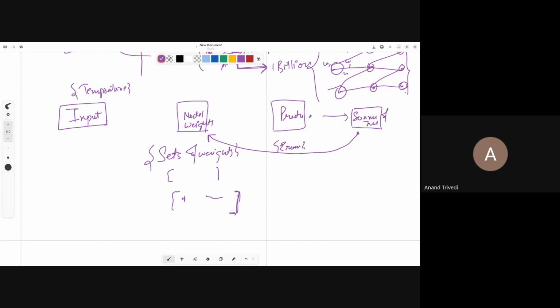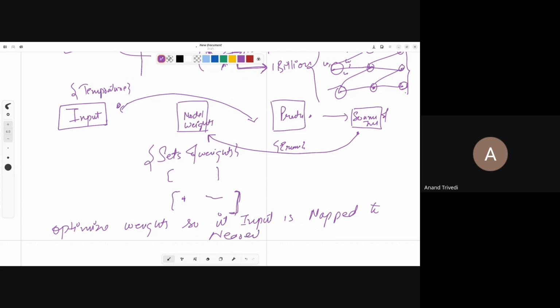The optimal numbers where the input produces the optimal output is what the whole game is about. So we need to optimize weights, so that input is mapped to the nearest output value.